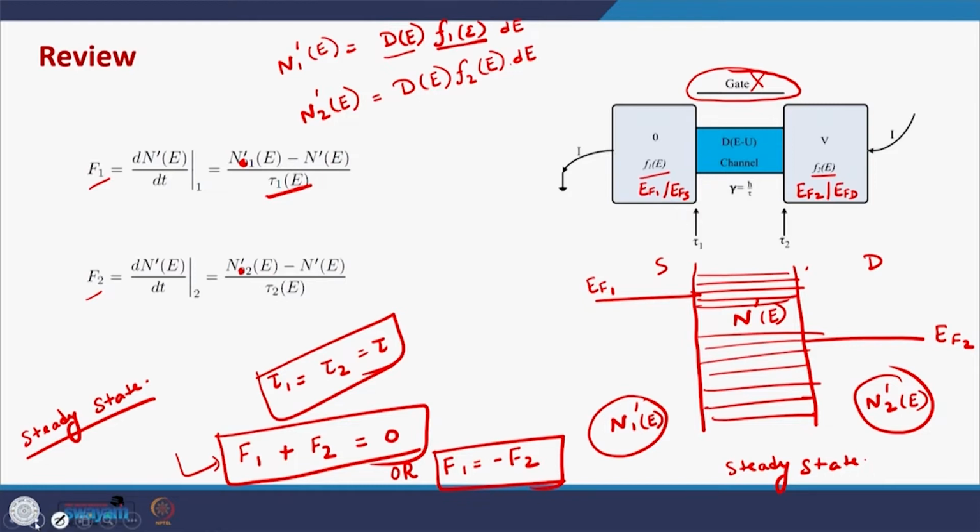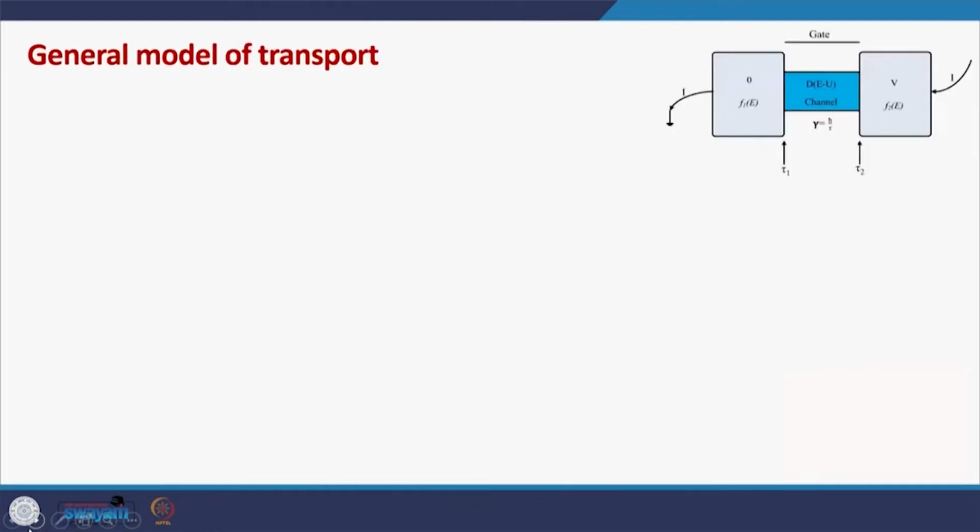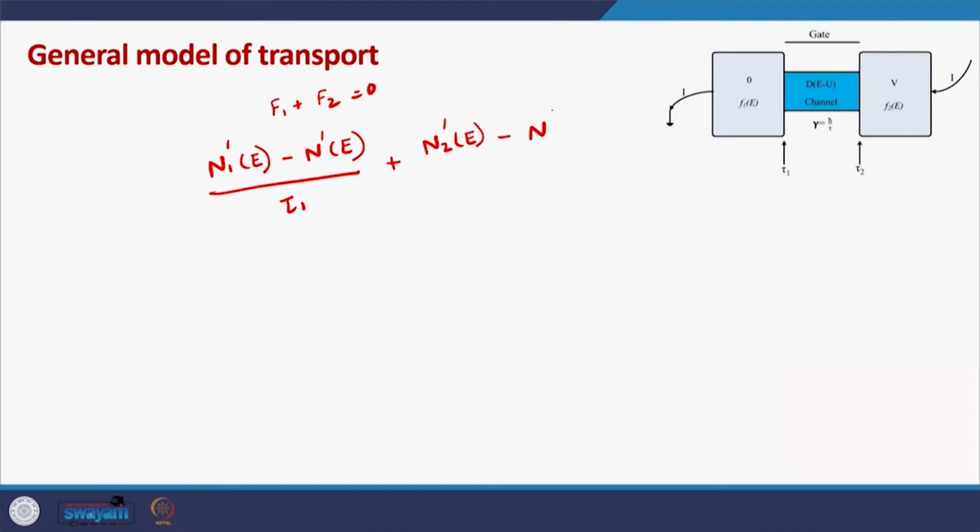So, if we put these quantities, F1 plus F2 is equal to 0, and F1 is essentially n1 prime E minus n prime E divided by tau 1. Similarly, F2 is n2 prime E minus n prime E divided by tau 2, and that is equal to 0.